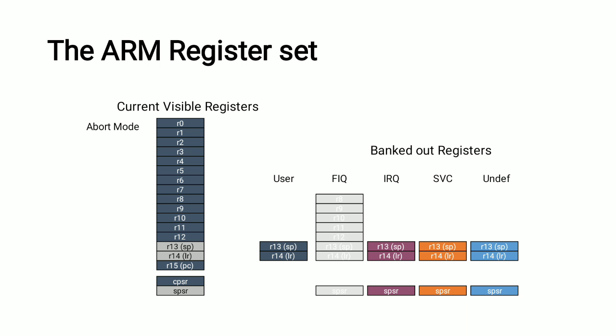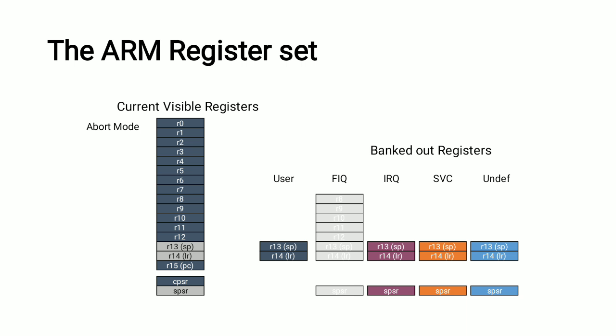R15 is the program counter, CPSR is the current program status register, and SPSR is the saved program status register. The banked out registers cover user mode, FIQ mode, IRQ mode, SVC mode and undefined mode.